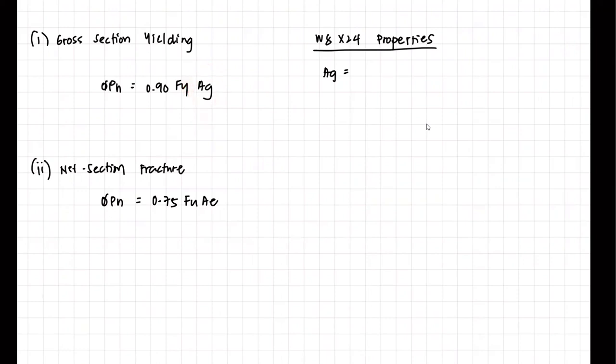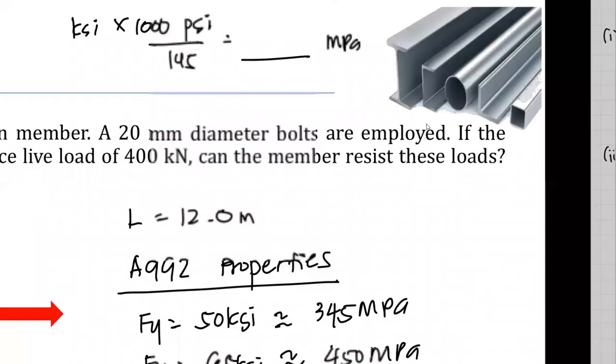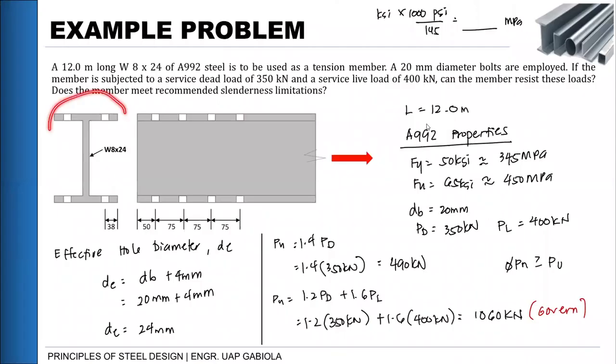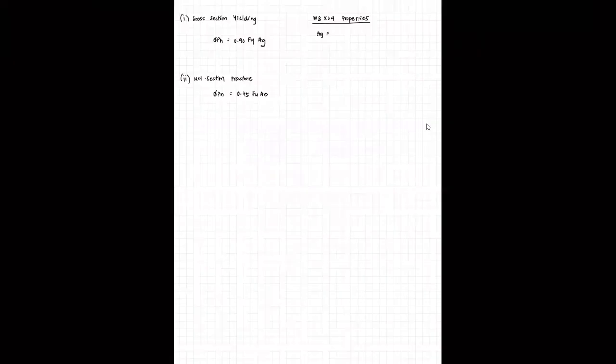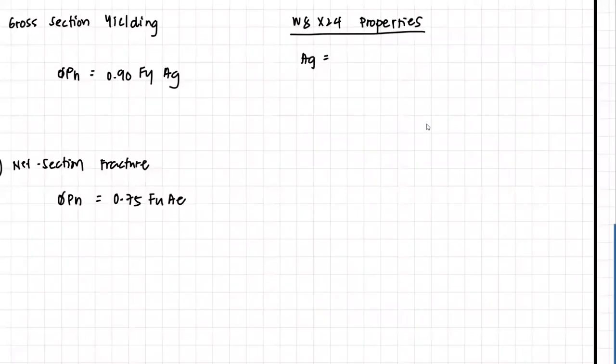Next is for our net area. Inside this effective net area equation, we need to get the thickness of our flange, okay? Because we need to deduct the number of holes, so we will be needing the value of the thickness of the flange, okay?